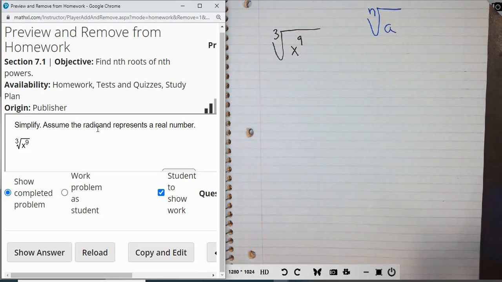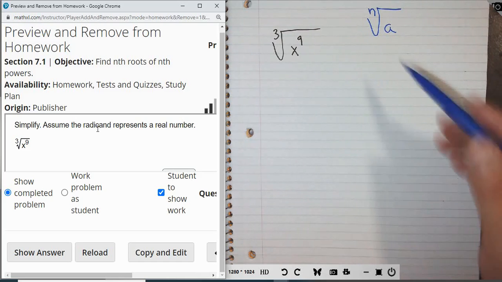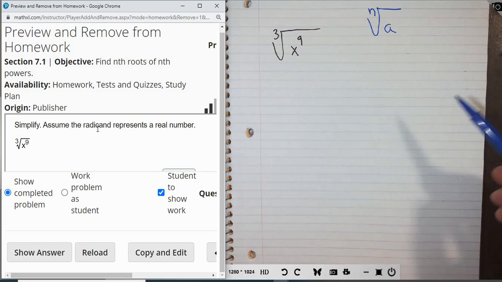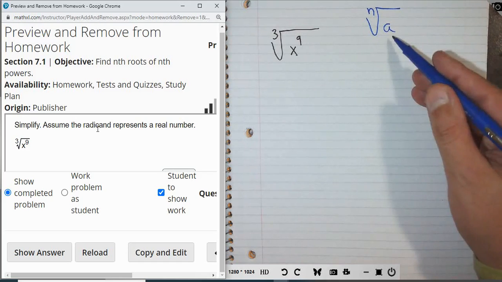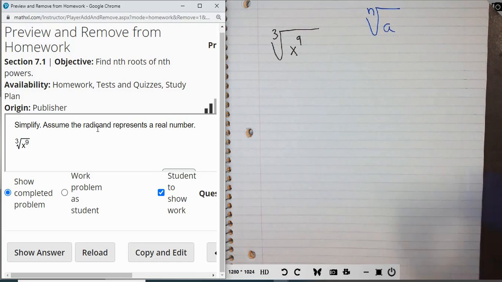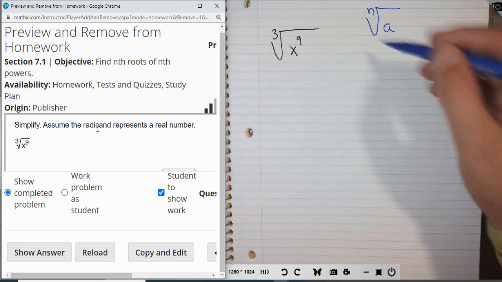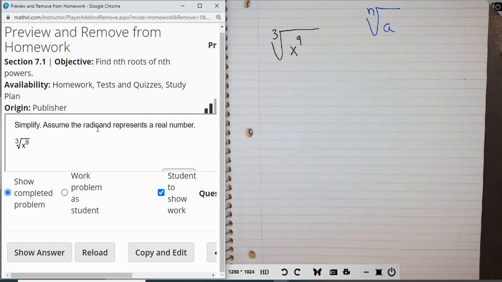What we have here is the nth root of a. This representation is a number whose nth power results in a, the radicand, with n being the index, this symbol being the radical symbol, and the whole thing referred to as a radical expression.